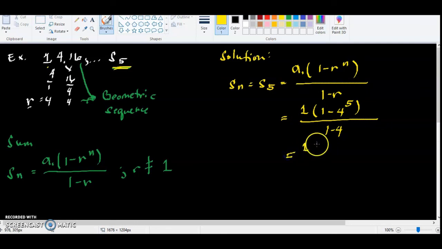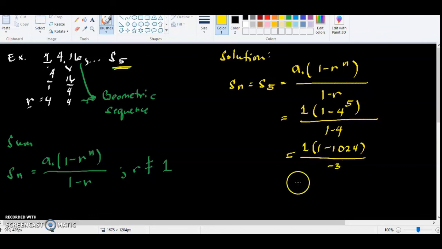So we have 1 here, and we have 4 raised to 5, which is equal to 1024. So we have 1 minus 1024 over 1 minus 4, that is negative 3.